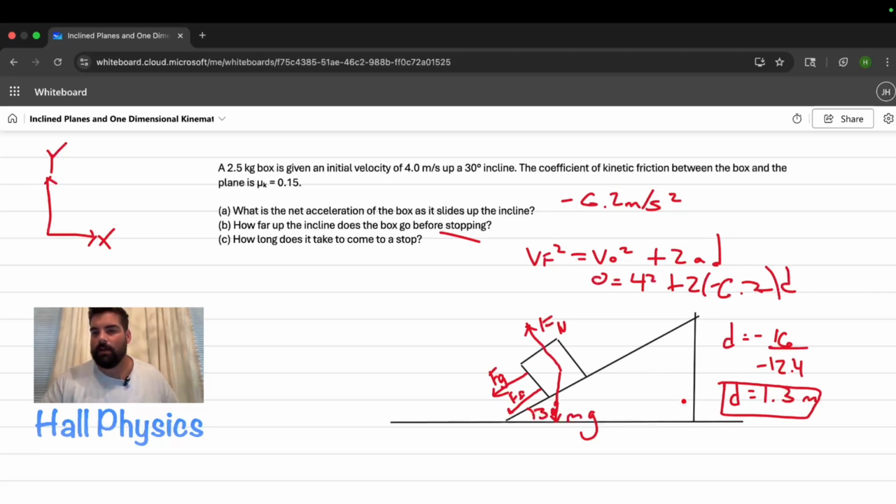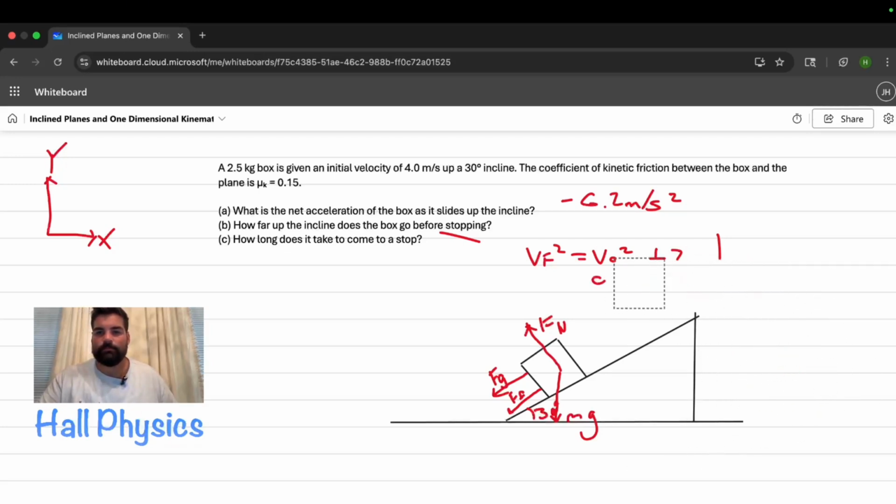So that's how far up the incline the box will go before stopping. So let's clear out some more space and finish up this problem. 1.3 meters.